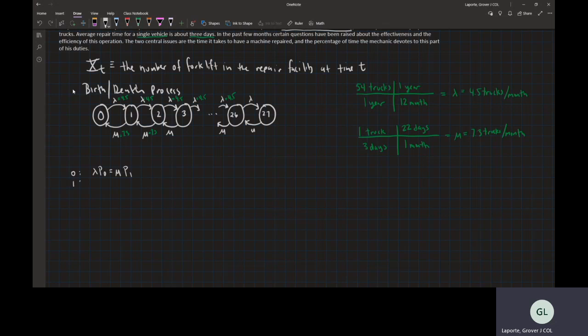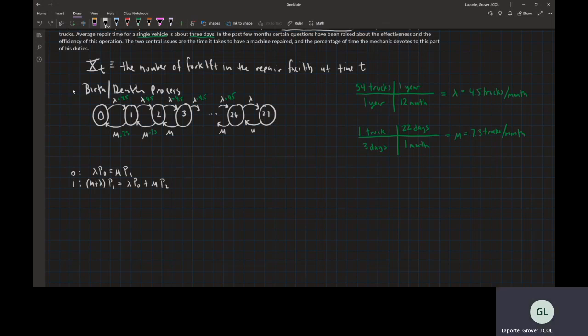Okay. And so for state 1, so for P1, I have mu plus lambda for P1 leaving the place, right? So I got mu plus lambda, both of those are coming out of P1. And then going into P1, I have lambda P0 plus mu P2.